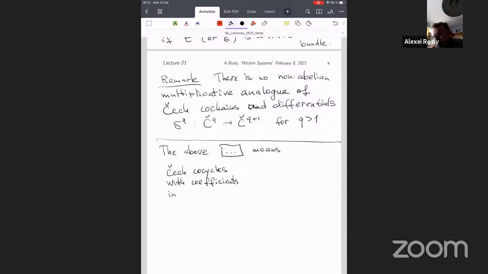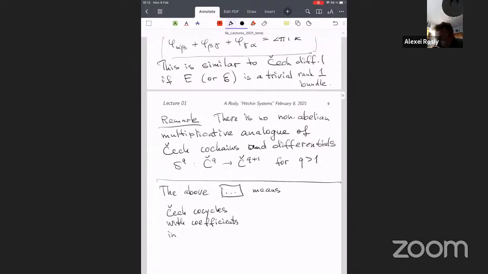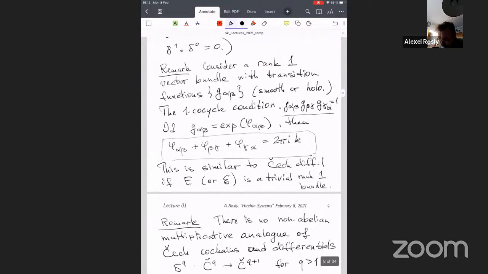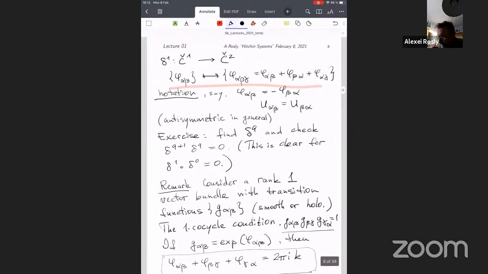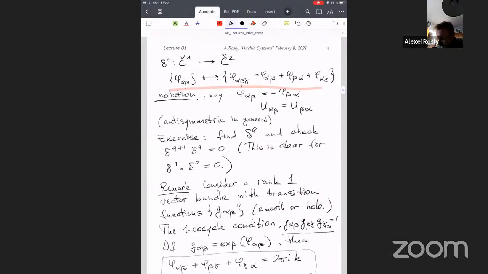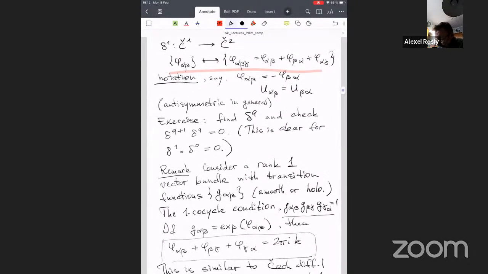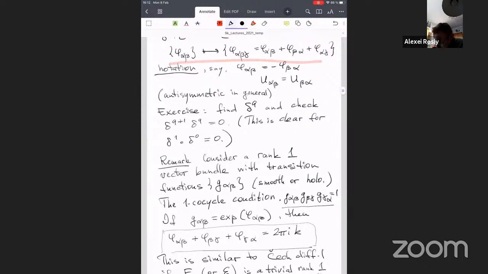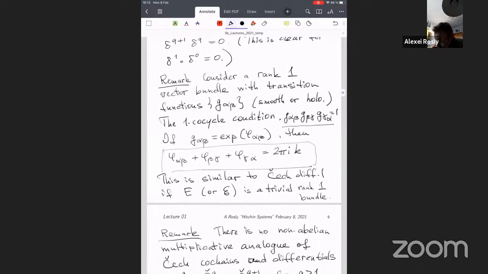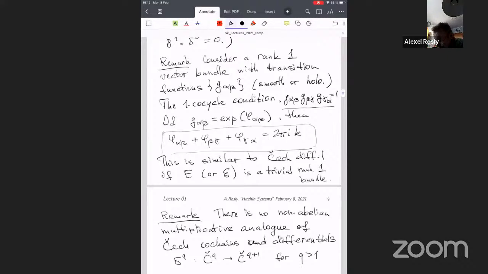First, we considered Czech cocycles with coefficients in sections of some bundle, smooth or holomorphic. We considered the holomorphic case, but they could be smooth also. They are not interesting in the case of smooth sections, as will be mentioned later. But in the case of holomorphic sections, they are interesting.